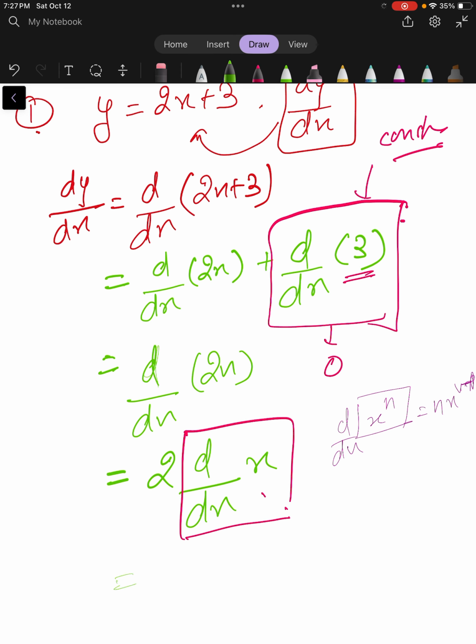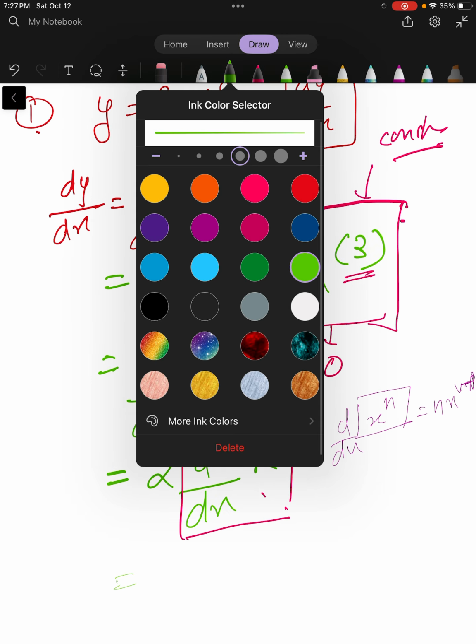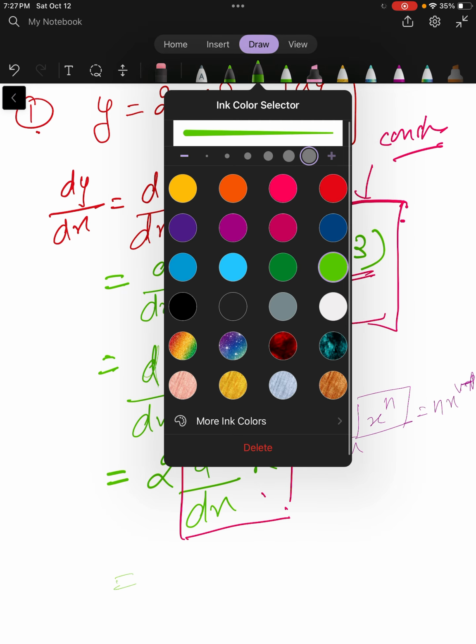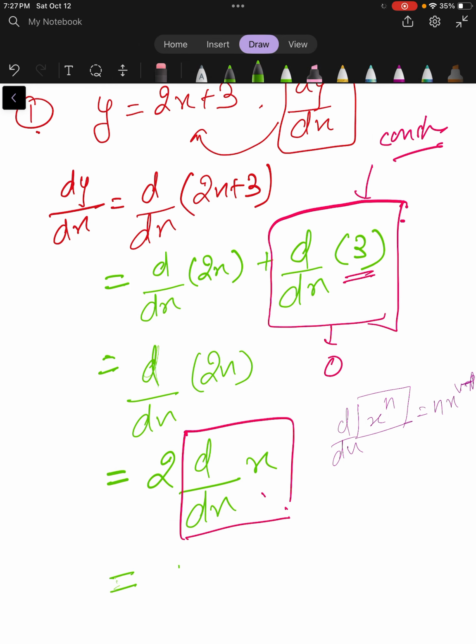We take 2, and the power of x here is 1, so x to the power 1 minus 1 gives 2 into 1 into x to the power 0.